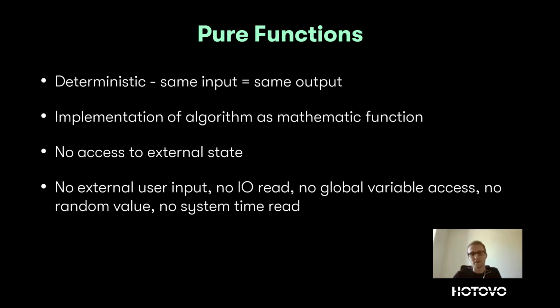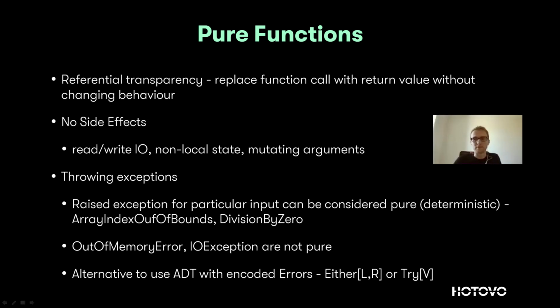If I based my logic around the system time, then for the same input it can return different values. So in that sense, functions using, for example, random values or system time are not pure.